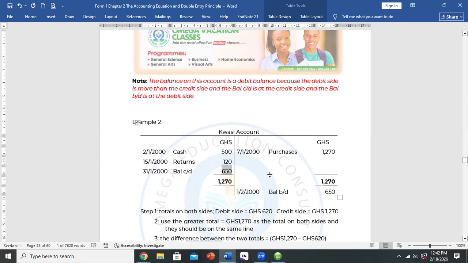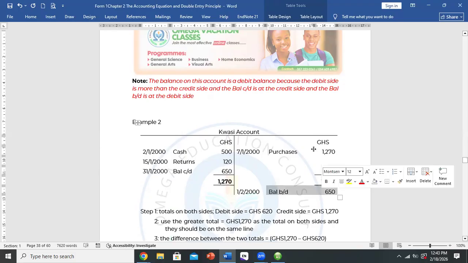Using the knowledge, we can say that this account has a credit balance, because the brought down is on the credit side. The credit side was more than the debit side, and that was the reason the carry down was put on the weaker side to make it balance.